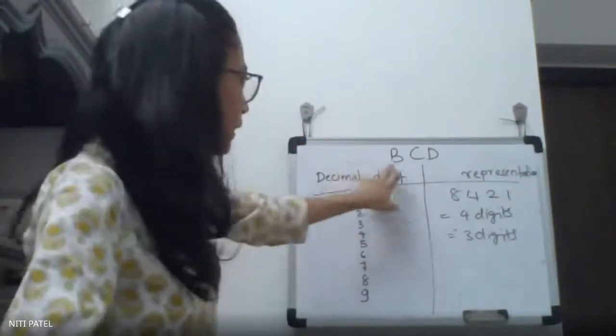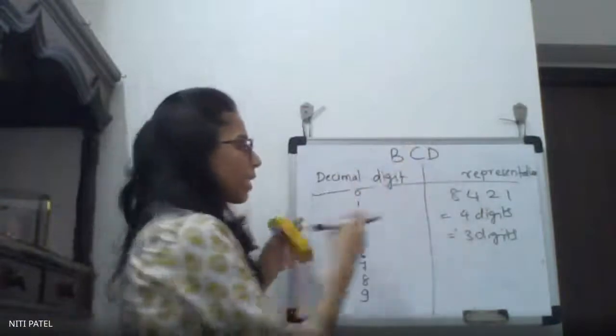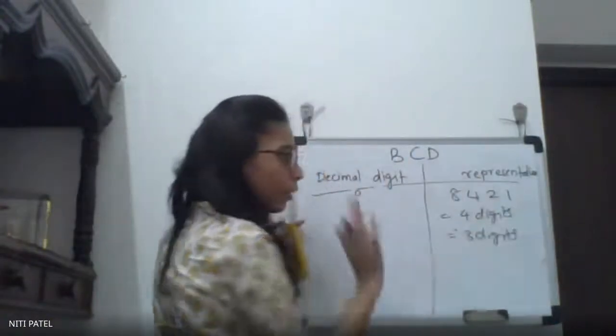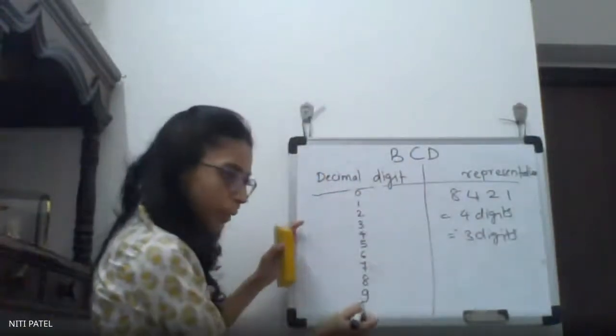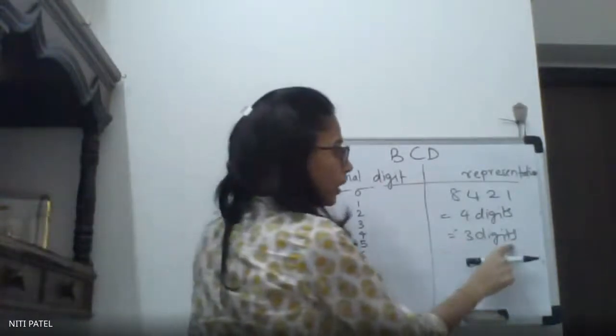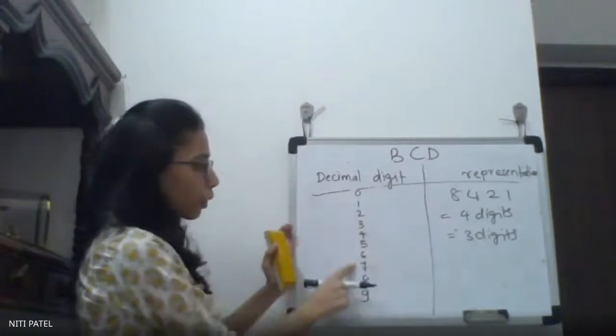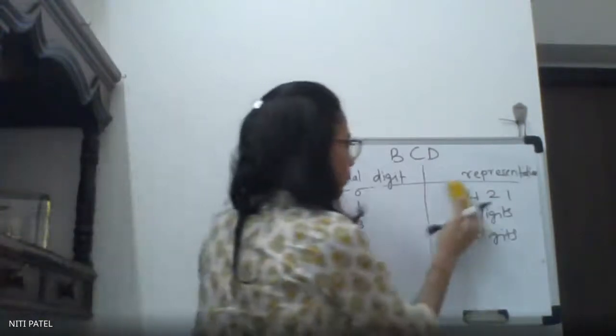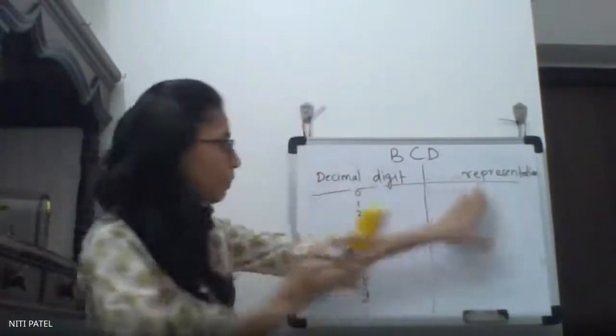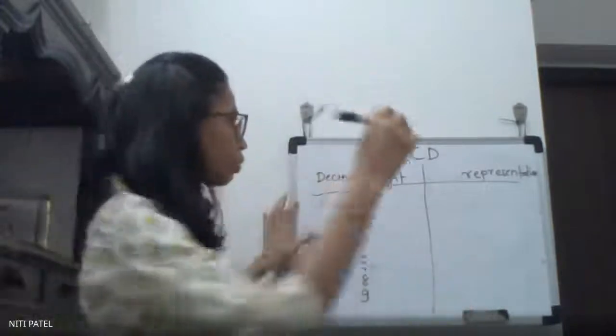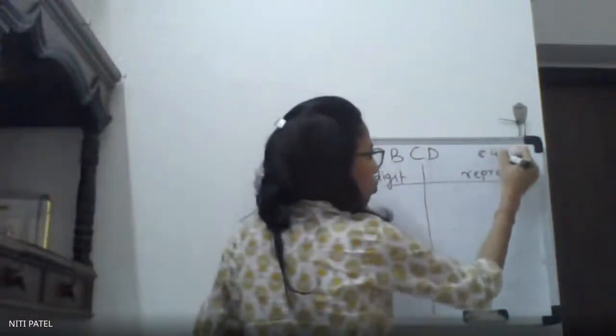So your BCD can be represented in 4-digit format if the decimal is from 0 to 9, and in 3 digits if the decimal number is from 0 to 7. To calculate the binary part, we make use of the code 8421.